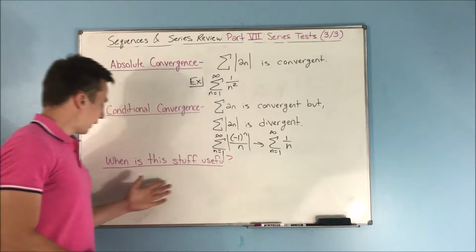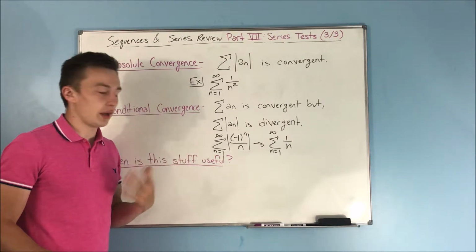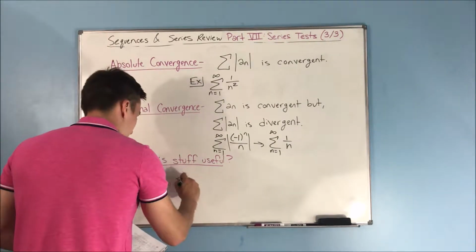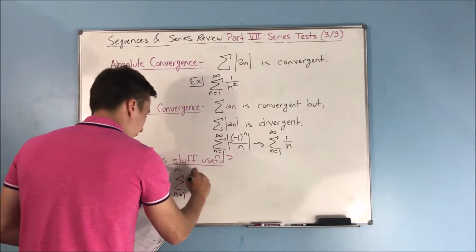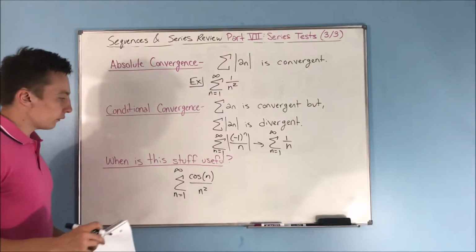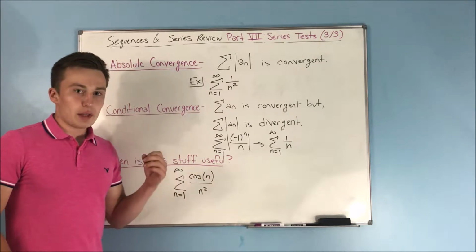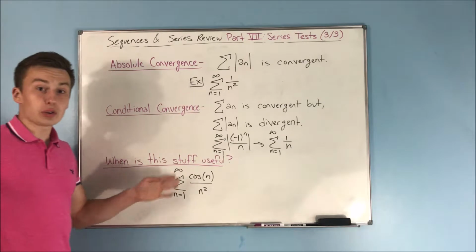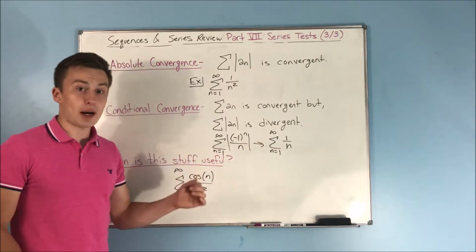Now, when is this stuff useful? Why do we care about this at all? Well, take for example something like the sum from n equals 1 to infinity of cosine of n over n squared. This cosine n is not going to give you a numerator with alternating signs, negative and positive, and it's definitely not going to be all positive or all negative.